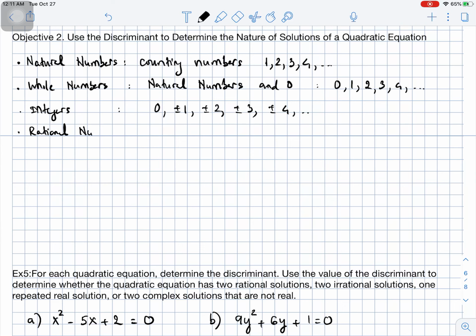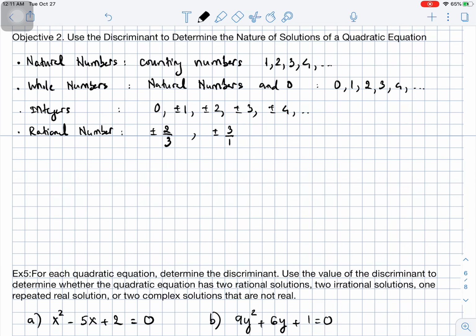Integers. Integers are the positive and negative numbers like 0, plus minus 1, plus minus 2, plus minus 3, plus minus 4 and so on. So integers mean the whole numbers including the negative part of it.